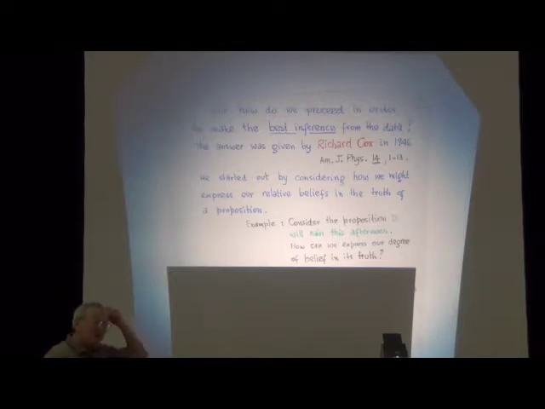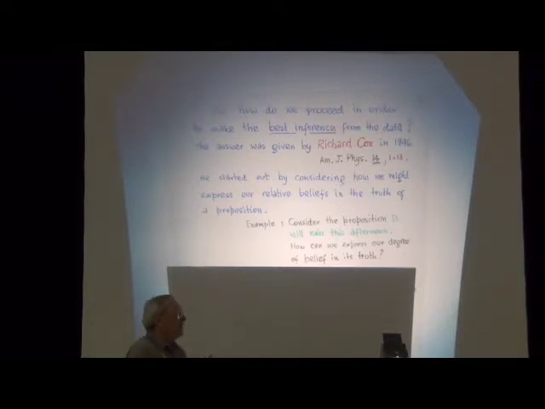What Cox started by asking is, in science, as I said, we go from the observations to the possible causes, and we make a guess. And we want to find a way to make the best possible guess based on the data. So consider any proposition, and you ask yourself, what is my belief in the truth of the proposition?